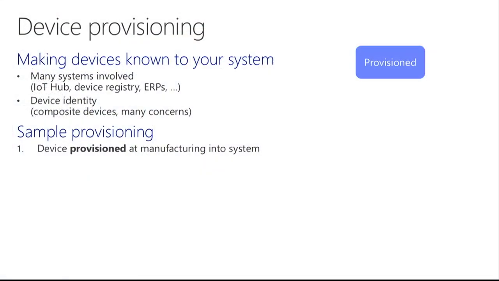To explain this concept better, we will have here an example of a sample provisioning flow, just to explain how this might be represented in a real system. A device could be provisioned at a manufacturing stage into the system.